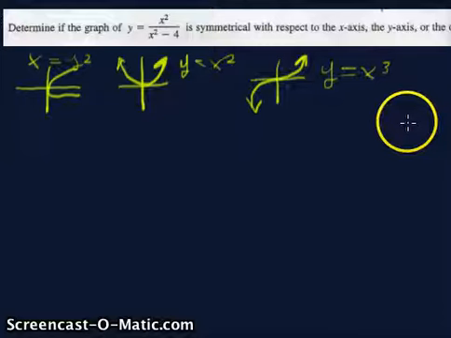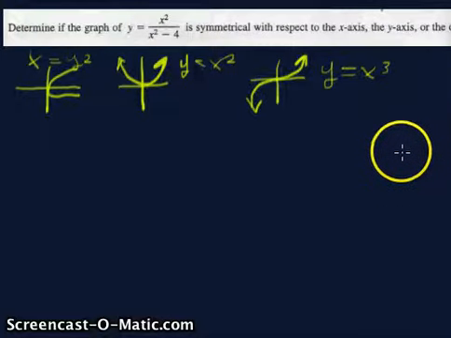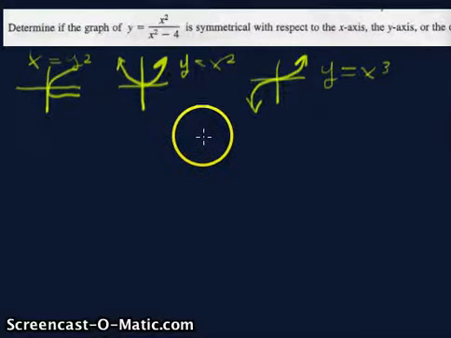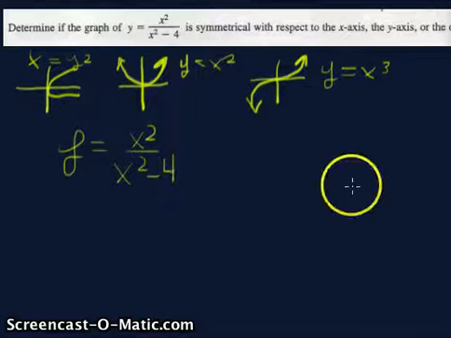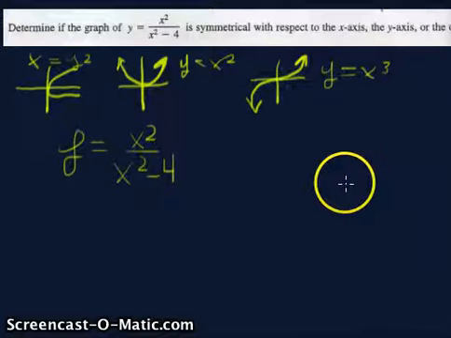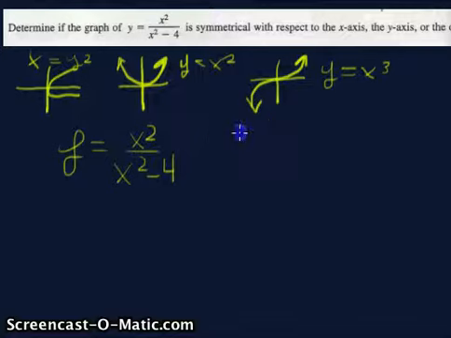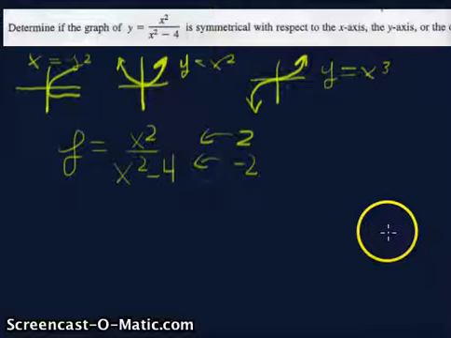So is it symmetric with these? Well, the first thing to do is look at the function and notice that there's 2 x squareds there. So y is equal to x squared over x squared minus 4. If you put this in your calculator, you would see that it's symmetric with the y-axis. But all you have to do is realize if you put a 2 in for x, or you put a negative 2 in for x, they're both going to give you the same y.